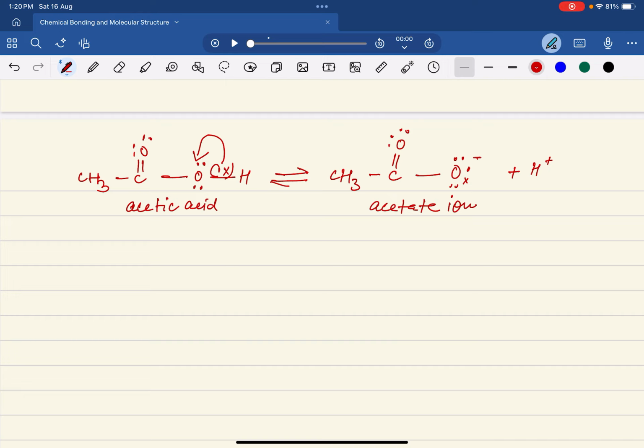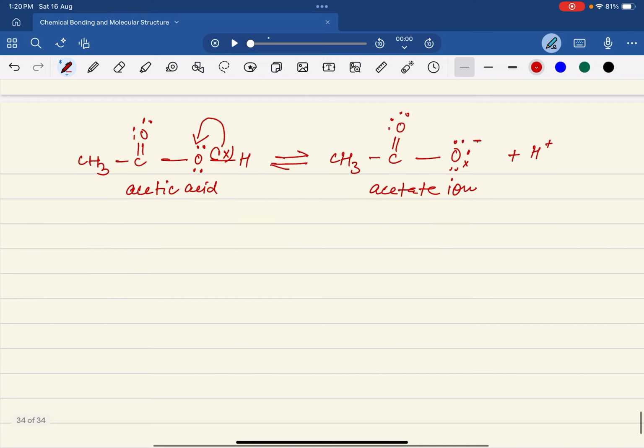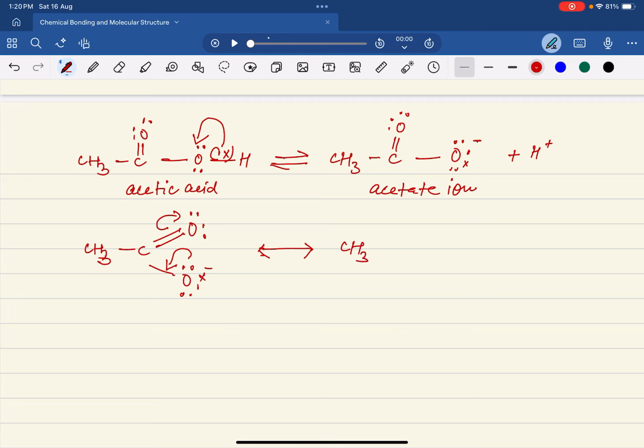acetate ion, and acetate ion is resonance stabilized, like CH3 C double bond O. Oxygen contains 7 electrons. So, due to movement of this electron on this side, the pi electrons shift on this side, and CH3 C oxygen acquires a single bond, and this oxygen acquires a double bond with 4 electrons.